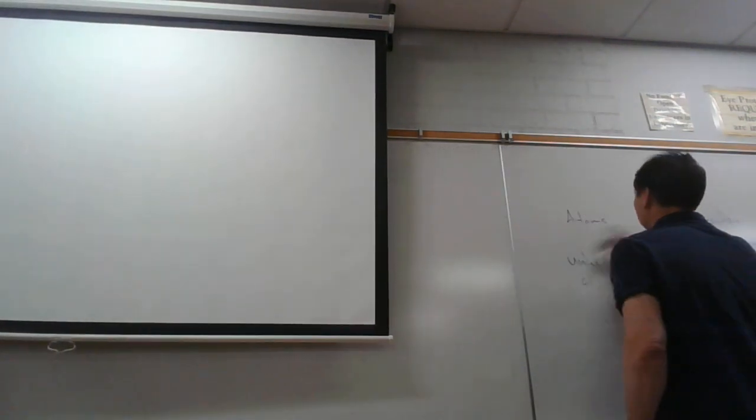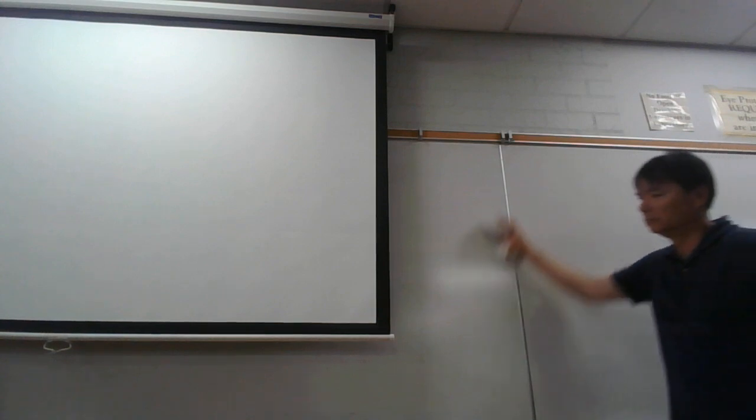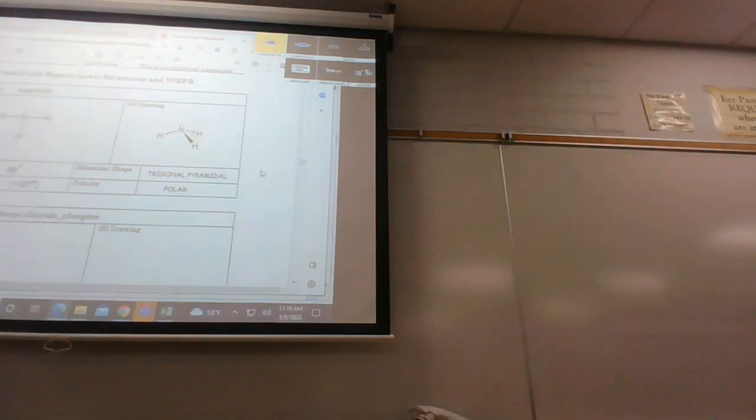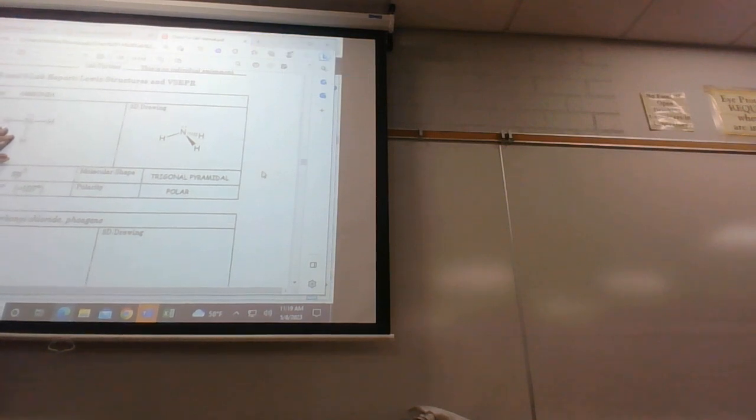All right, so we're going to start off with NH3 was the example here. And so since we're dealing with shapes, we can come up with a Lewis structure here.